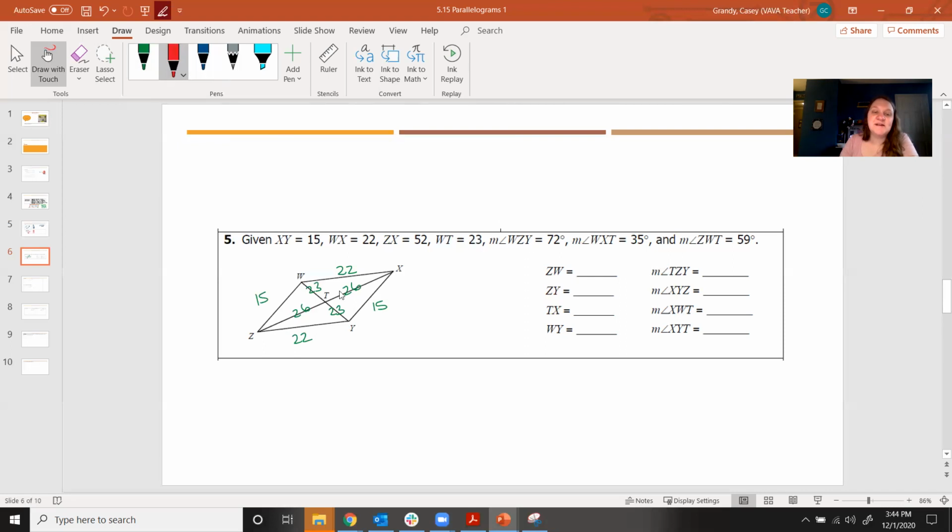Angle WZY is 72. WZY, that's this whole thing, is 72. WXT, that's this one, is 35. So it's just this angle here. And ZWT, that's this angle right here, is 59.